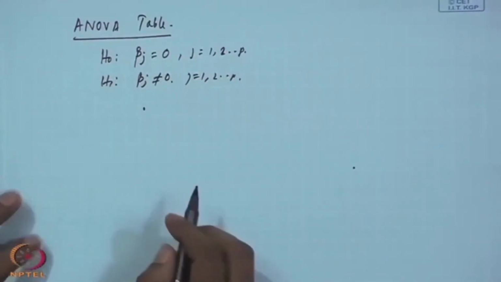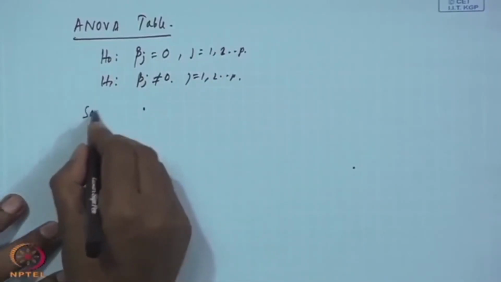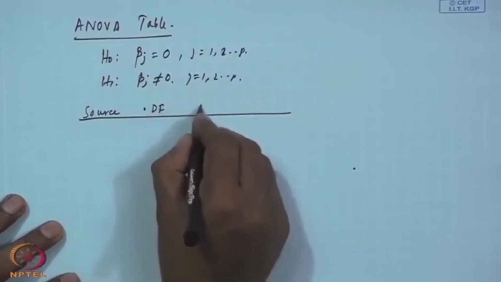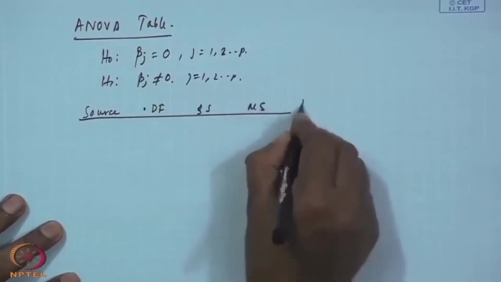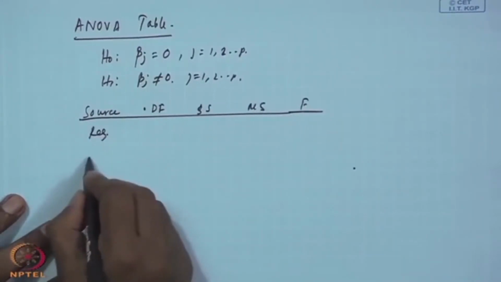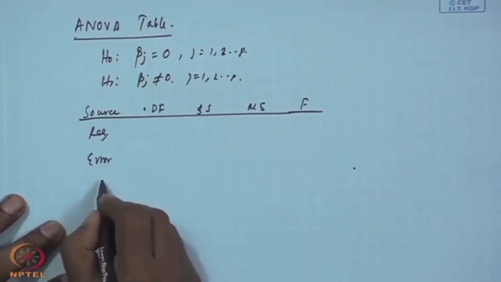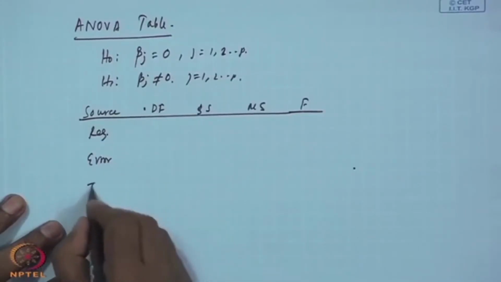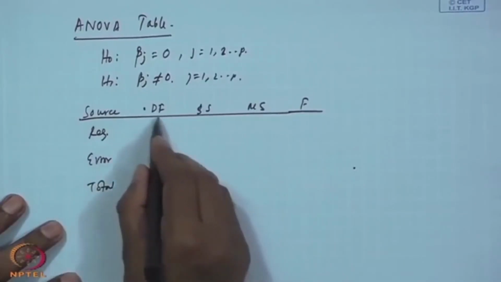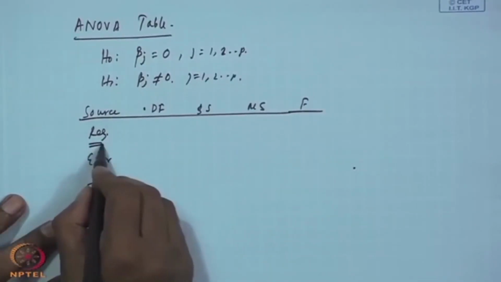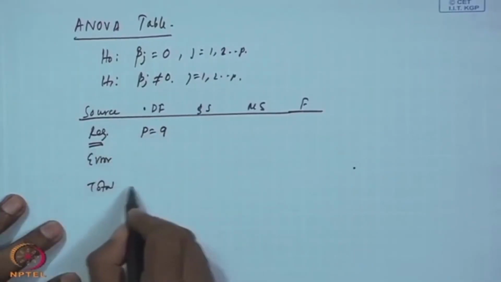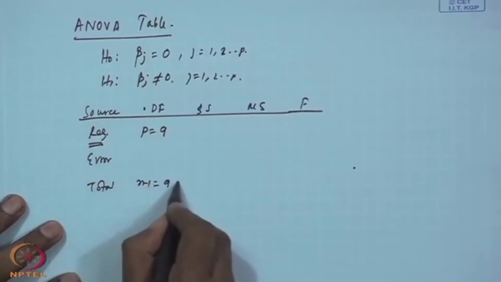Then you calculate the ANOVA table. The ANOVA table will have source, then degrees of freedom, SS, MS, then you test the F. The sources are regression, error, and total. So your degrees of freedom is how much? There are p plus 1 equal to 10, so regression will be p, that is 9, and total will be n minus 1 equal to 99.